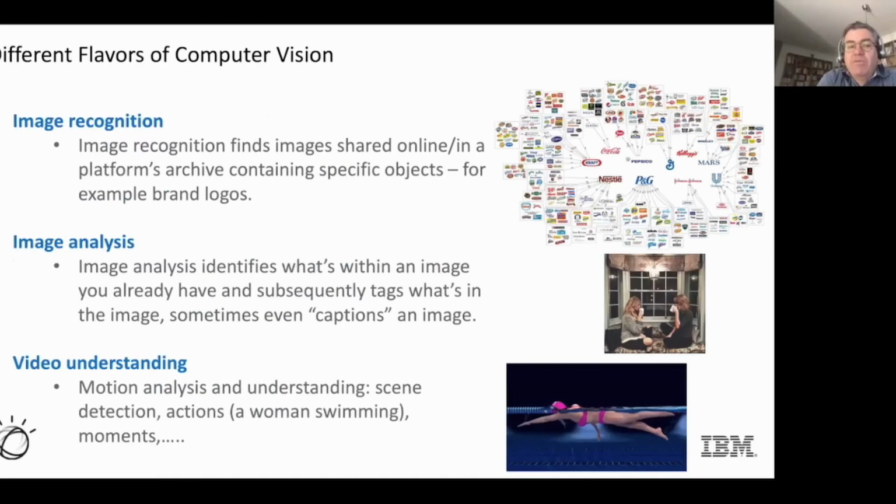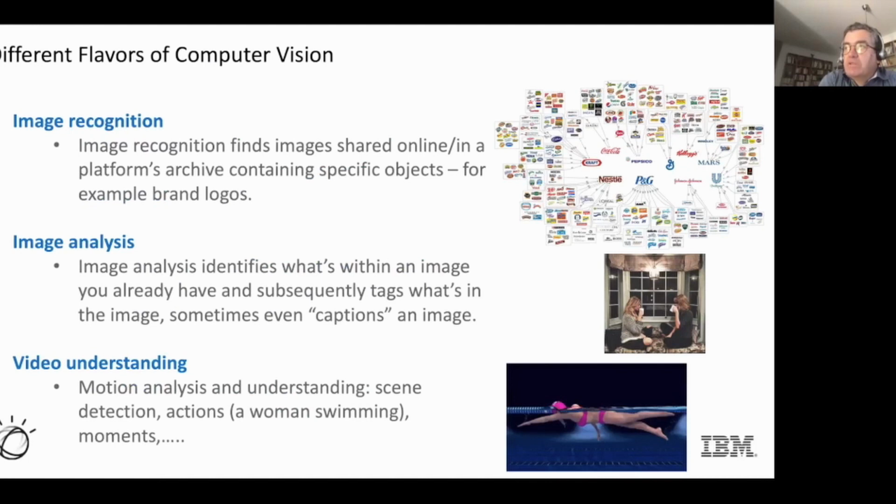So computer vision is a wide embracing term. You have got image recognition. You find images, and in images you can find specific objects. It's very useful to recognize that there is a car, or a tree, or a plant, or for example, what kind of plant it is.